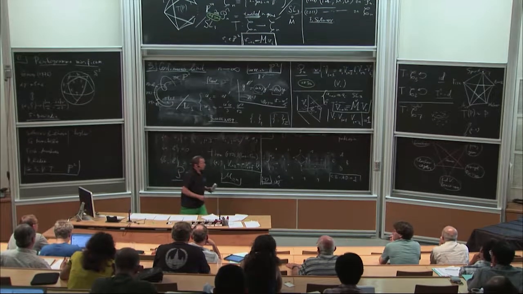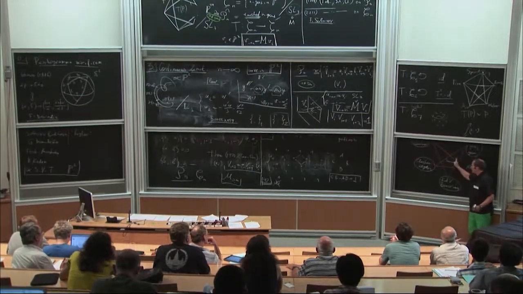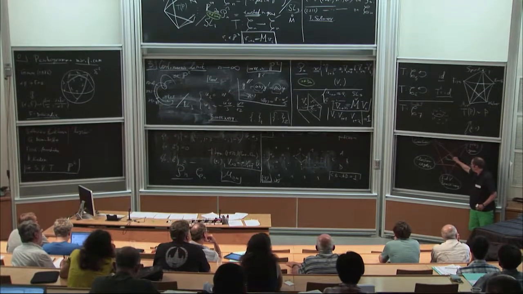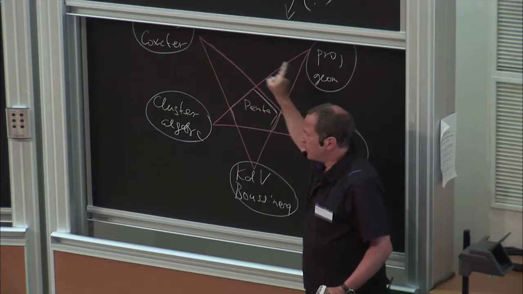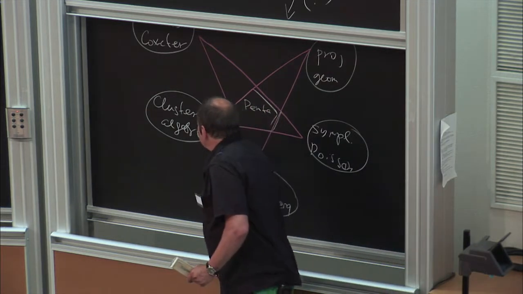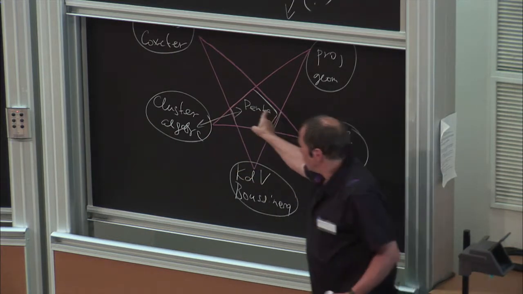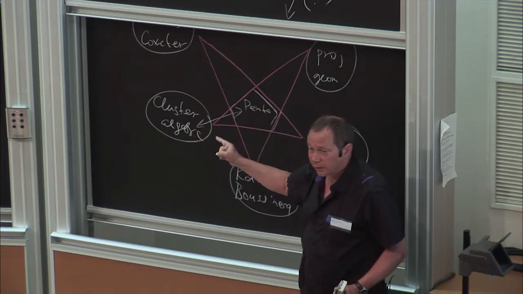So it is one of the examples where, as I told you, to study the pentagram we need all of these ingredients. And here there is a double interaction between the map and the corresponding cluster algebra.